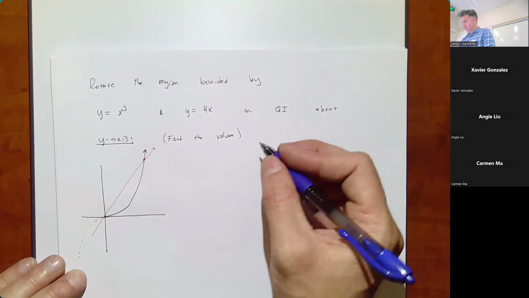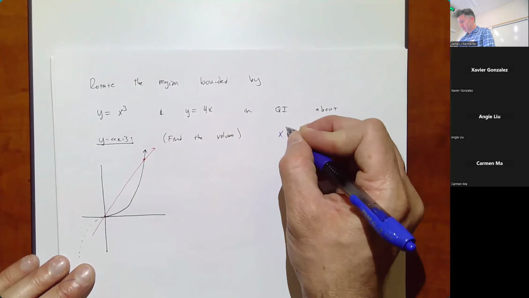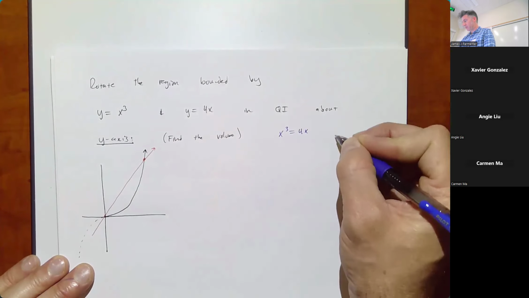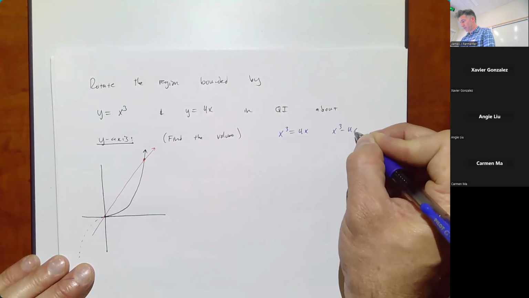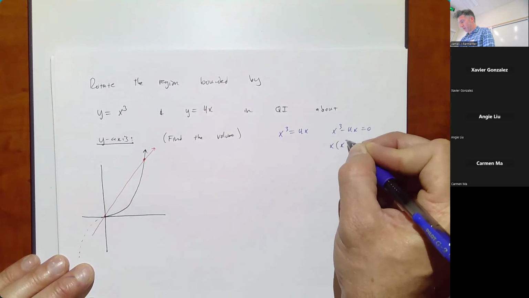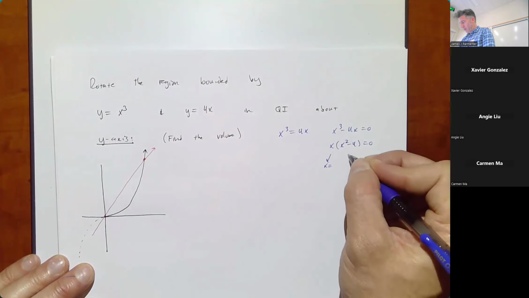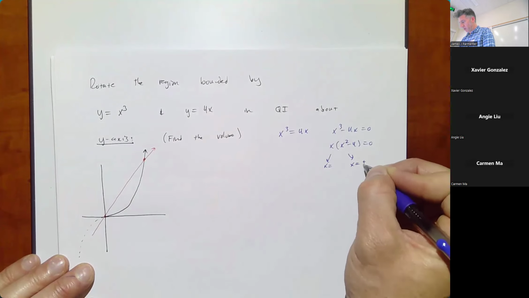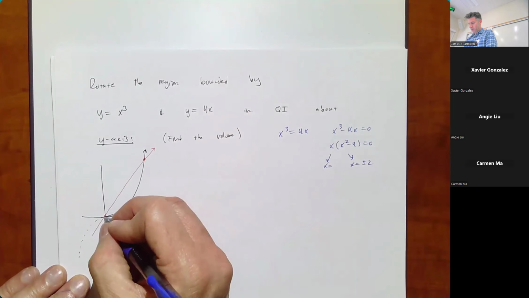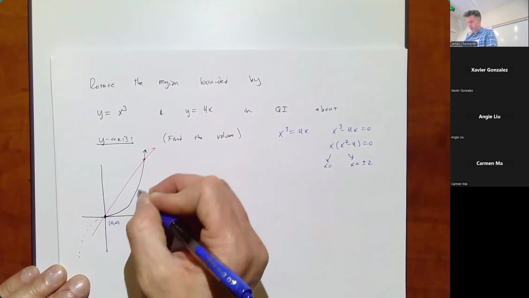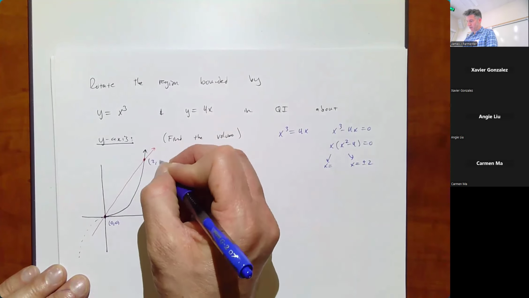We can find the points of intersection by setting x cubed equal to 4x, or x cubed minus 4x equal to 0, or x times x squared minus 4 equal to 0, so that you get x equal to 0 and x equal to plus or minus 2. We don't really care about the minus part. So that point's 0, 0, and that point's 2, 8.